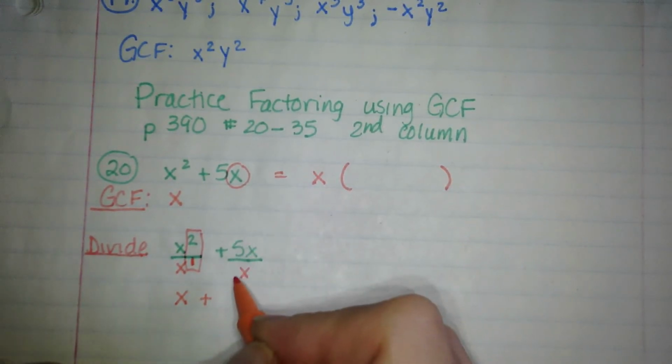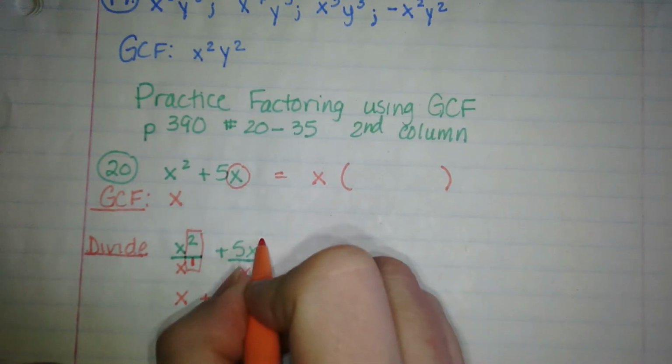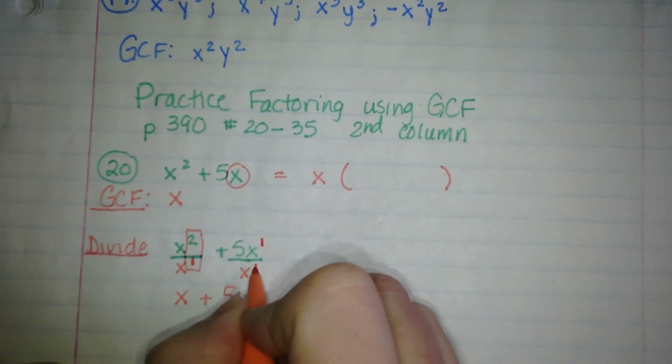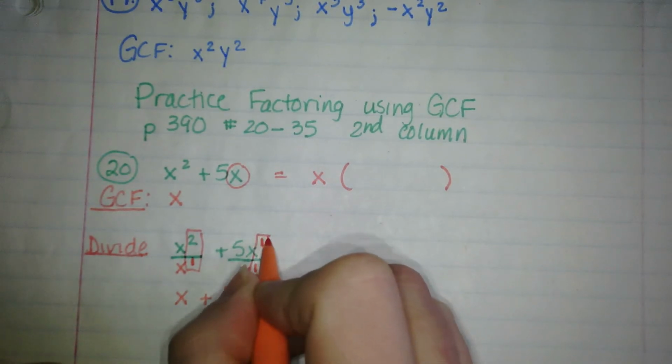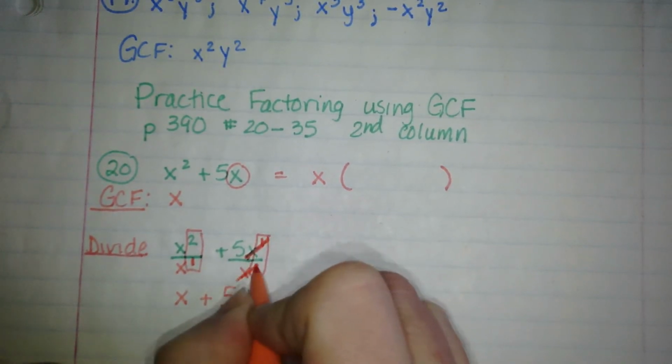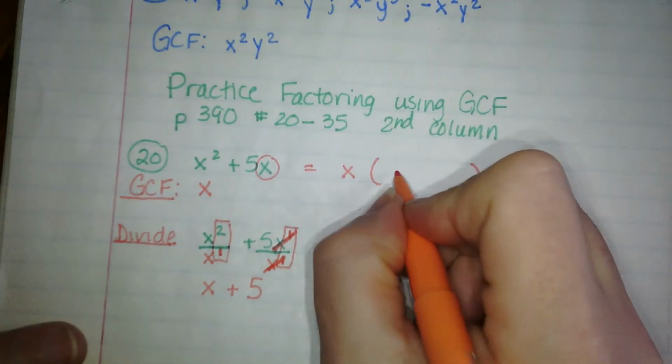Here, the 5 divided by 1 is 5. And this is x to the first over x to the first. And remember that you subtract these exponents and they cancel because you end up with 0. And this value right here goes on the inside.